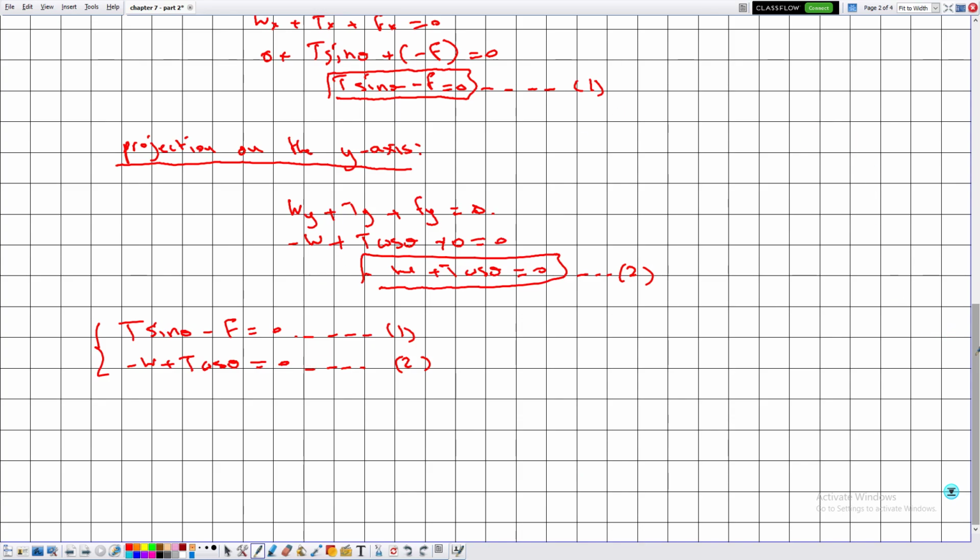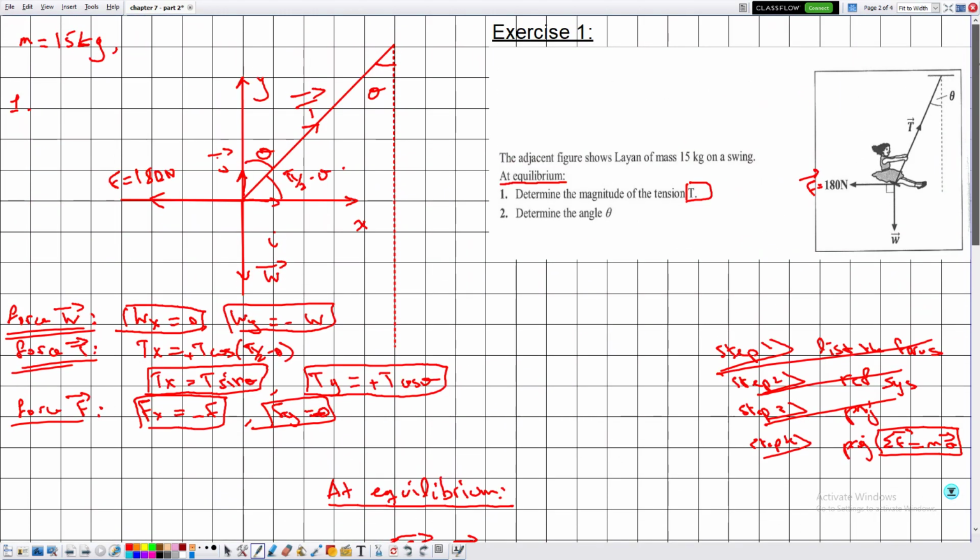Notice that here the mass of the lion is given by how much? 15 kilograms. And let me say that we take g equal to 10 newtons per kilogram.